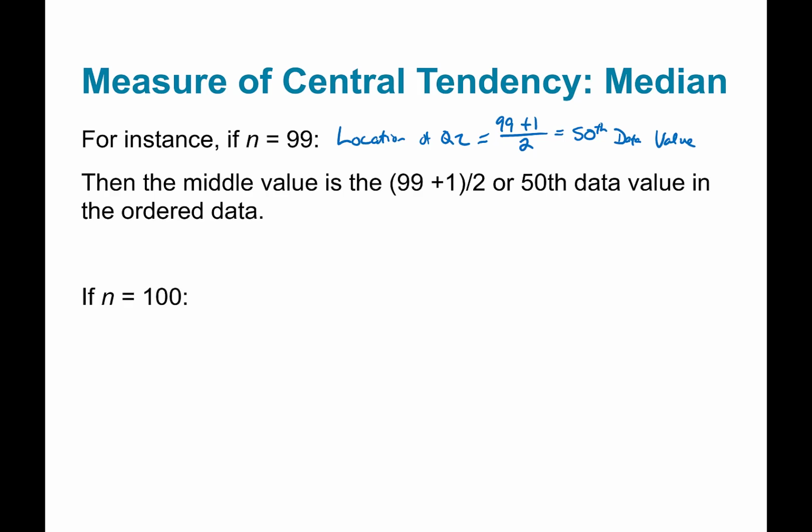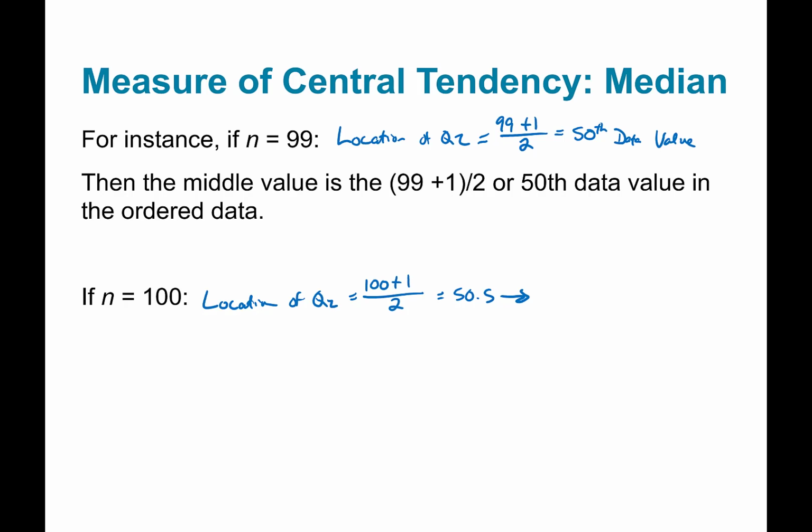What if n is 100? Then the location of the median, so the location of Q2, would be 100 plus 1 divided by 2, which gives us 50.5. Now you're sitting here thinking, okay, there is no 50.5 data value. So what this 50.5 tells us is you want to look at the two data values that surround this number.